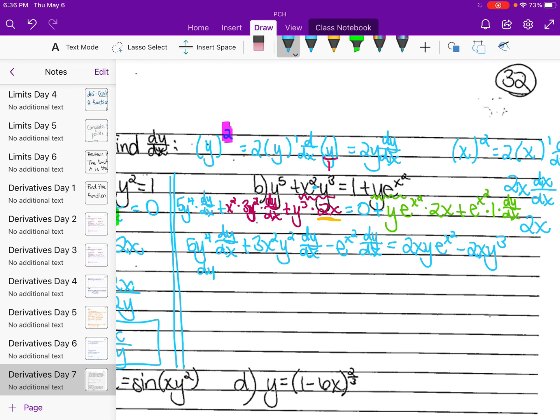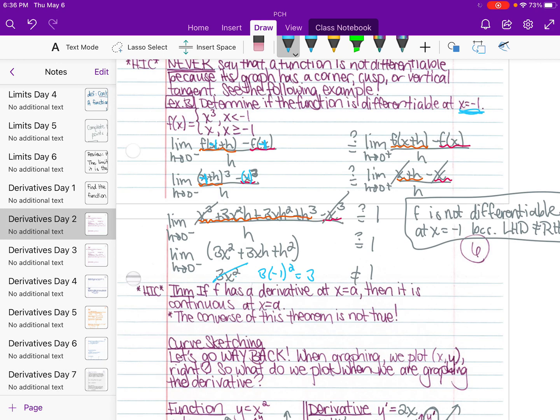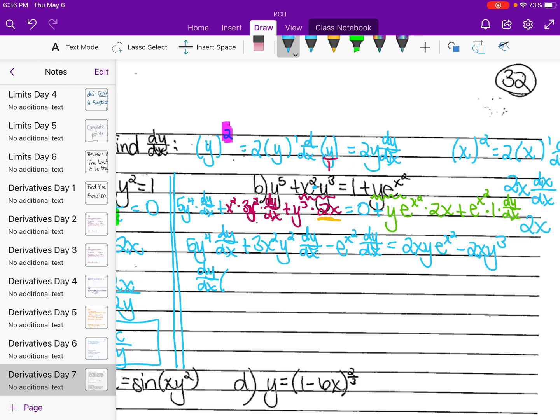Then I can factor out a dy dx. You're probably not going to need to show this much work. And then we can divide.